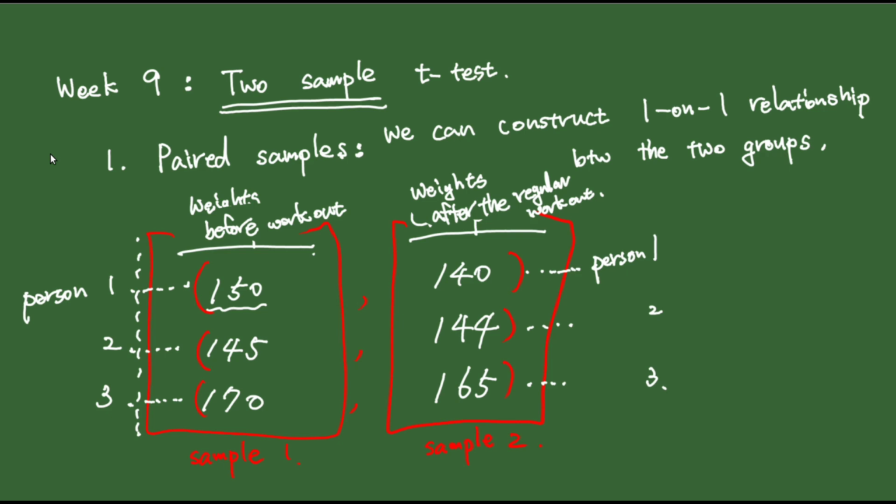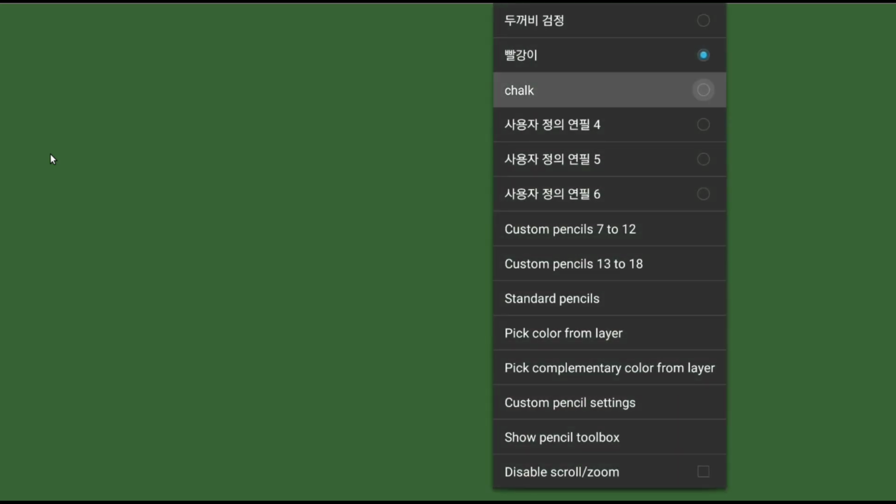We call this structure of data set paired samples. So we have 3 paired samples, right? Usually when we have paired sample data, since they are correlated, since they are connected with each other, we can make one variable.